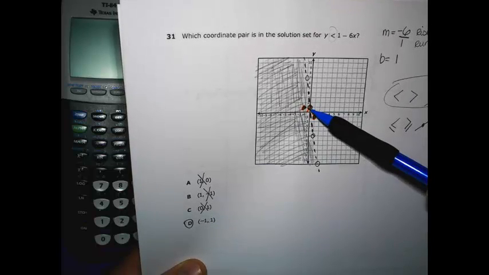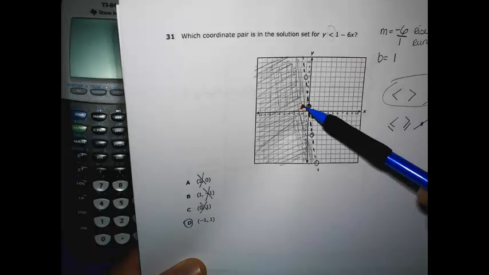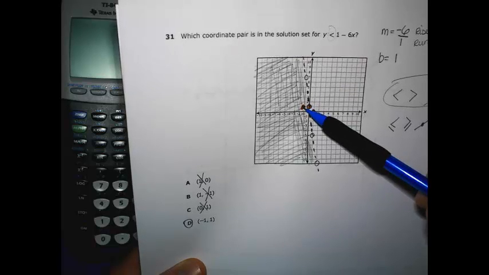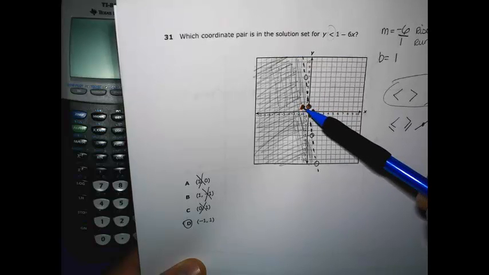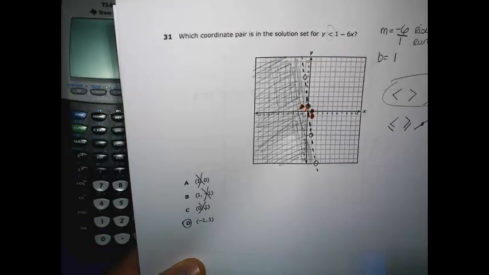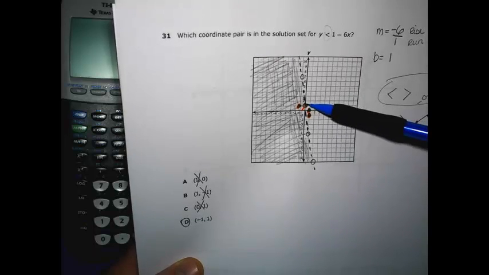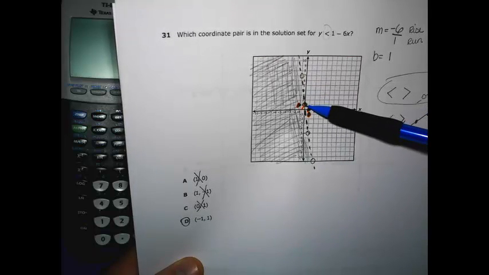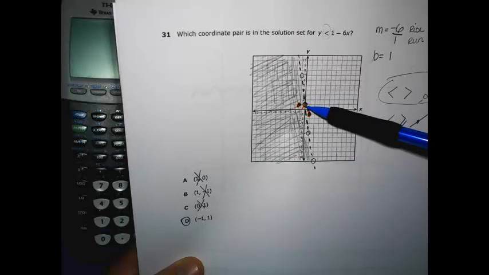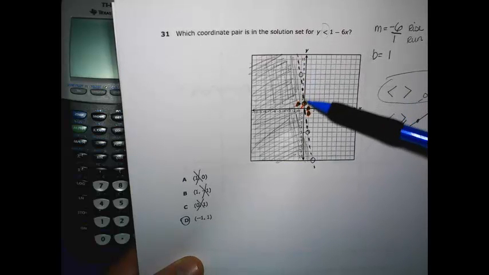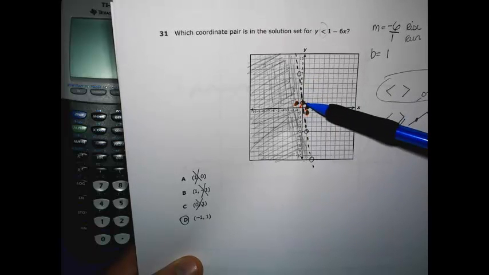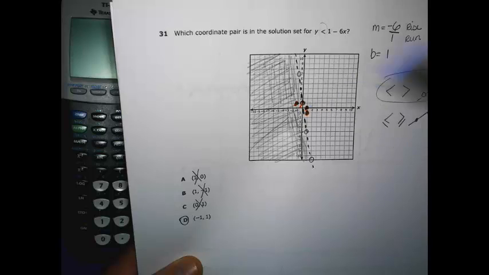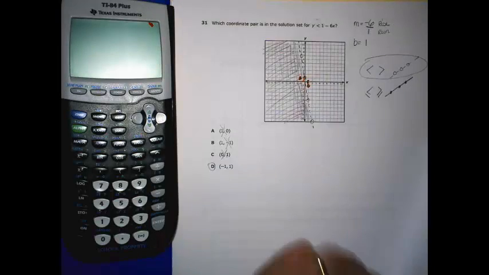Because if you did, you would see that, wait a second, this point is in the region, so then you would have a question, which one is the right answer? And then you would think, oh, wait a second, this line is dashed, so this is not the answer. So what I'm saying is, please be very careful with dashed lines, because if the point lands on it, it's not part of the solution. Alright, very good. Let's go on to problem number 32.